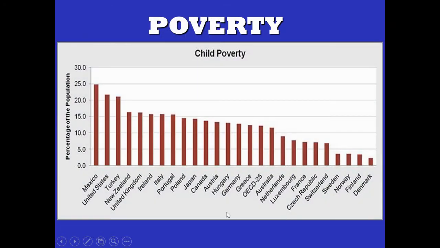If you're looking at this ranking, it's almost a 22% child poverty rate. That's almost like a 1 in 5 situation here in the US. It's just unusual to see the US show up in those stats like that.